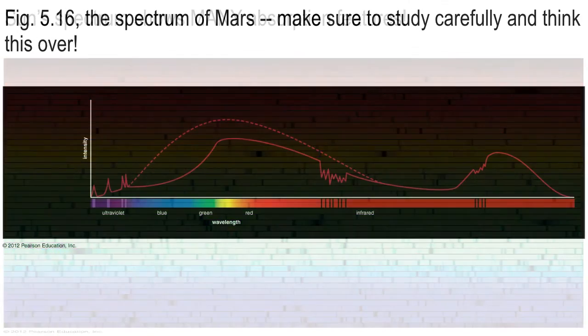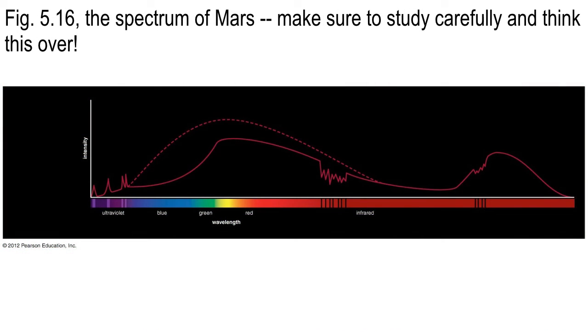And other stars can sometimes show emission as well. Now, here's the spectrum of Mars. This is figure 516 in your textbook. I'll probably make some homework about this diagram for you tonight, so you'll be able to look at it in masteringastronomy.com and use the ebook or your regular textbook and look at figure 516, the spectrum of Mars. Mars has this kind of continuous spectrum here.